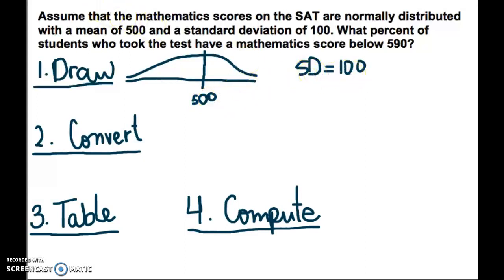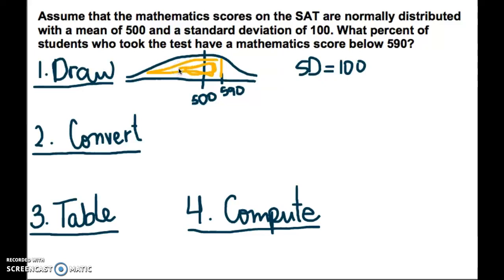The question is now, what is the percentage of students who took the test and they have a mathematical score that's below 590? So I'm going to put 590 over here, and we want to have a look at all of the students who scored less than 590. So we want this ginormous area here.